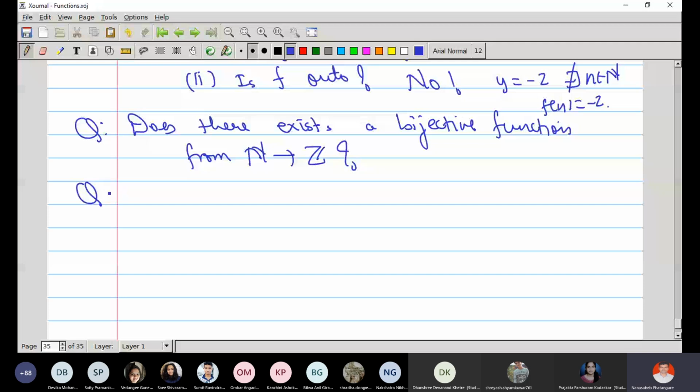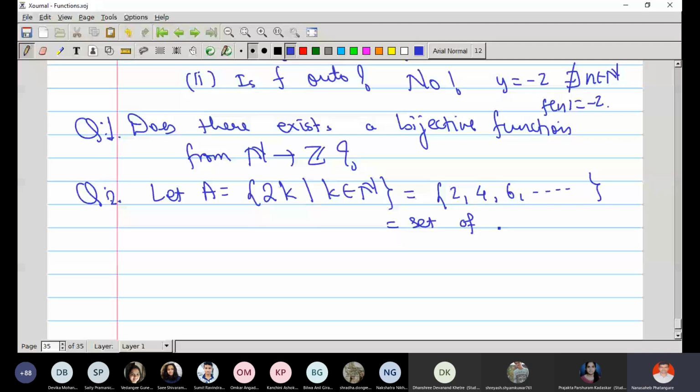Let A is equal to {2k : k belongs to natural numbers}. What is this set? Set of even numbers. Right? The set of all even natural numbers.